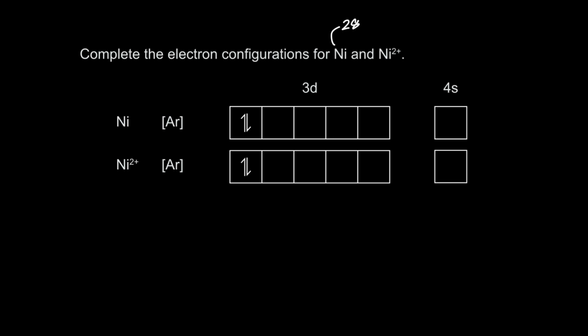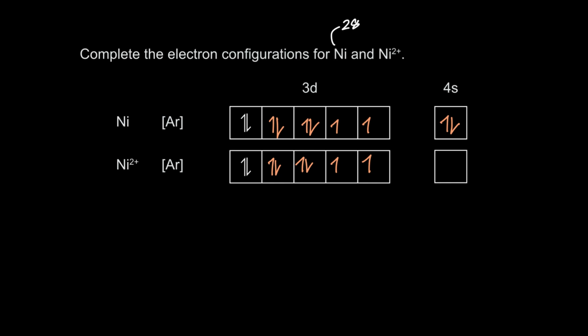So nickel's configuration is Ar, which is 18, then you fill 2 electrons in the 4s, that's 20, then 21, 22, 23, 24, 25, 26, 27, 28. So this is 3d8 4s2. The 2+ would just be 3d8, so you'll just have 3d8 and not 4s2. Pretty simple.